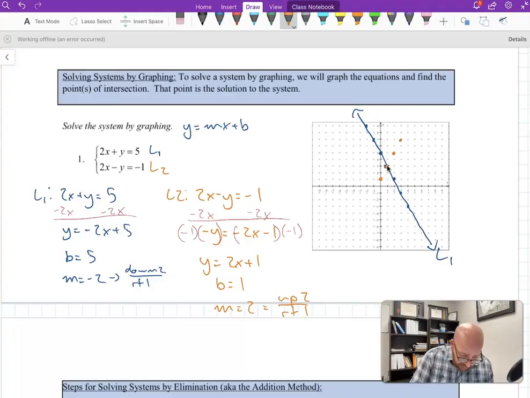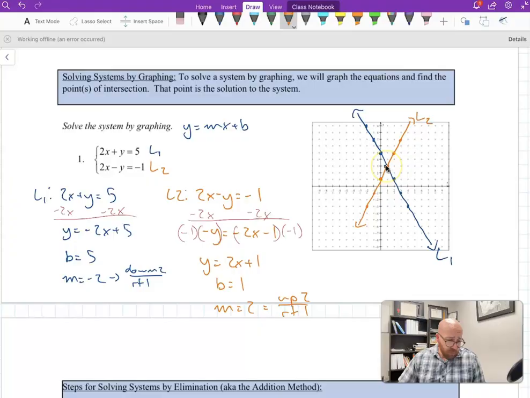We can even go in the opposite direction, down 2 to the left 1. We can draw a straight line through these points. And that's line 2. So here we have both equations graphed on the same coordinate plane.